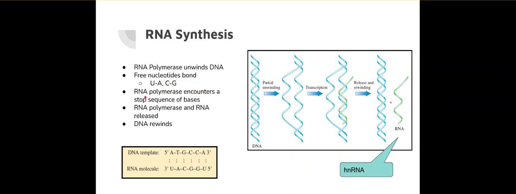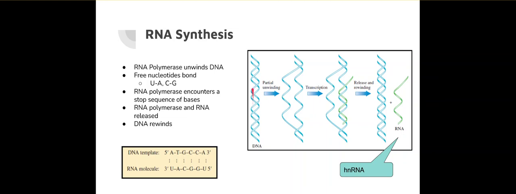And then the RNA polymerase encounters a stop sequence, which we'll see in a moment, and stops doing the combinations. And then the RNA polymerase releases the RNA, and then the DNA rewinds itself back up.